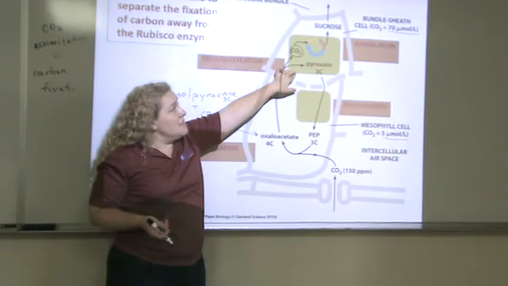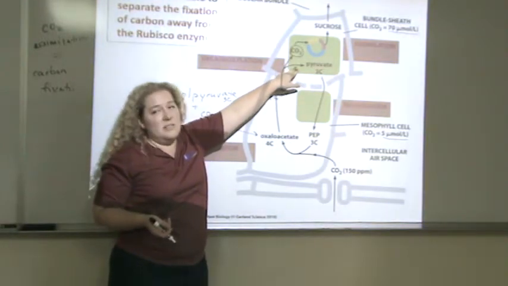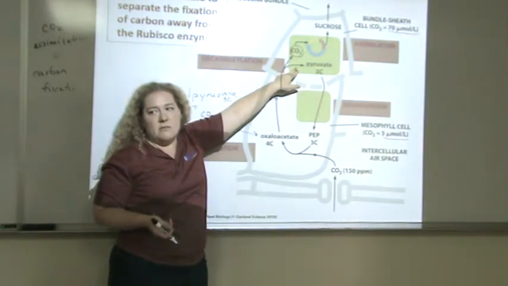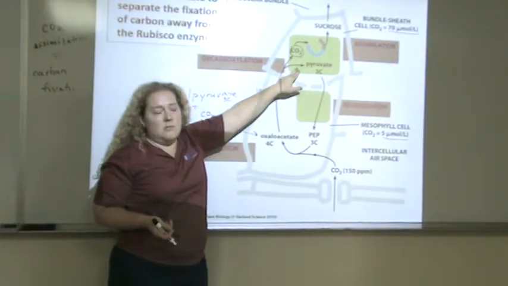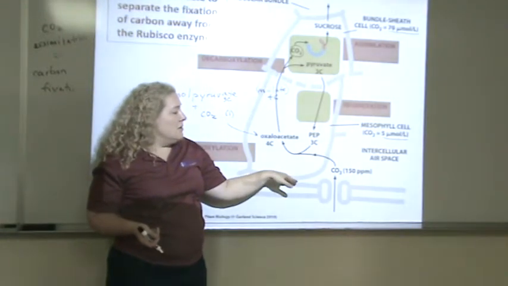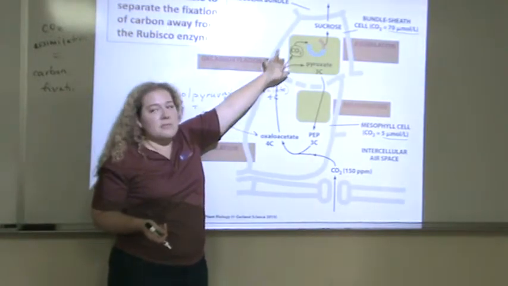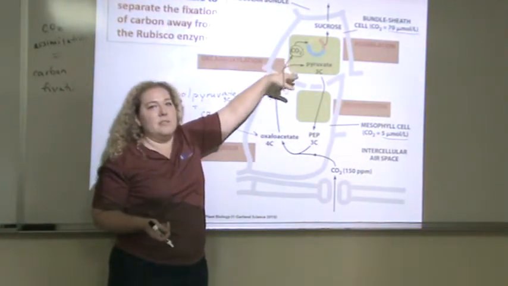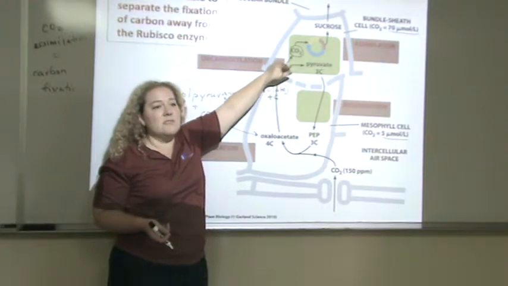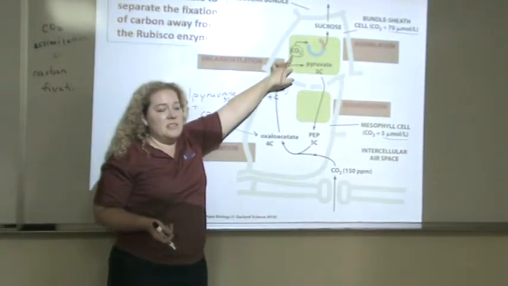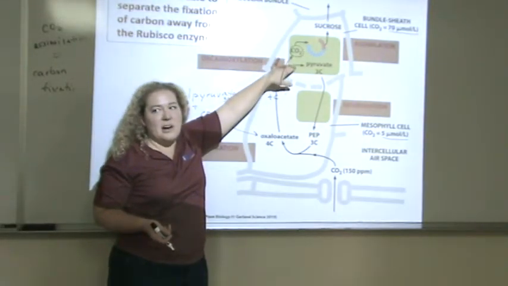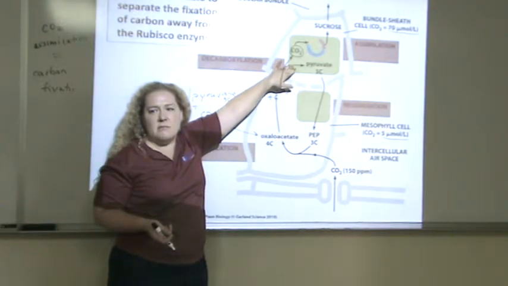So the Rubisco that's up here, there's a lot of CO2, there's not much oxygen. There's some Rubisco down here, there's some oxygen down here, but the Rubisco in the bundle sheath cells will definitely preferentially fix CO2 because its concentrations are artificially kept high up here. Does that make sense?